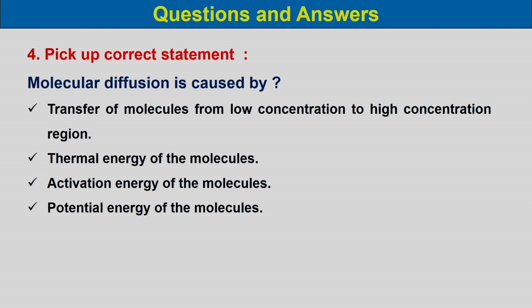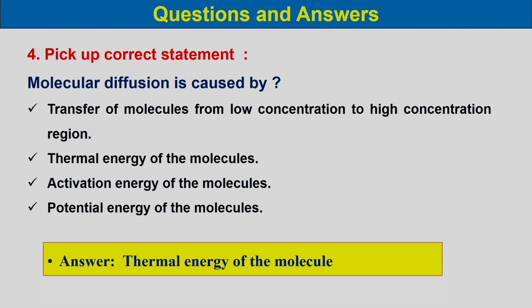As we have discussed at the beginning, molecular diffusion is basically caused by the thermal motion of the molecules, that is, the thermal energy of the molecules. So, the correct answer is the thermal energy of the molecules.